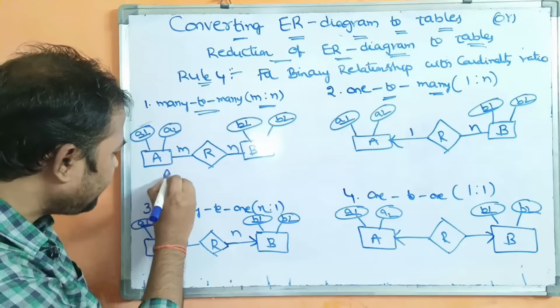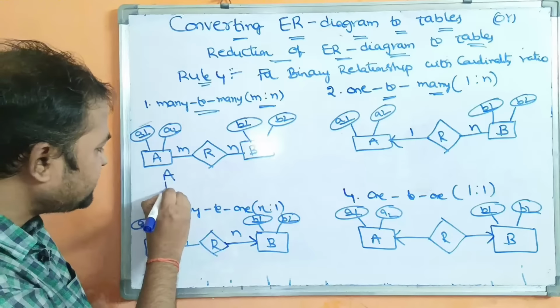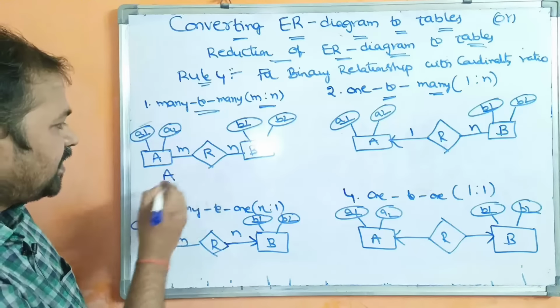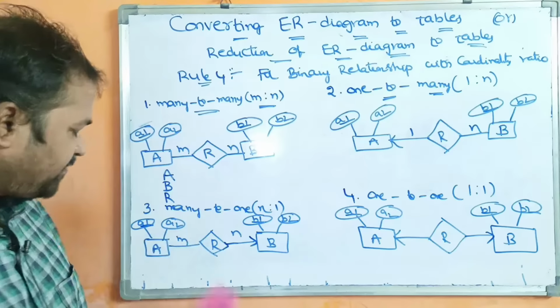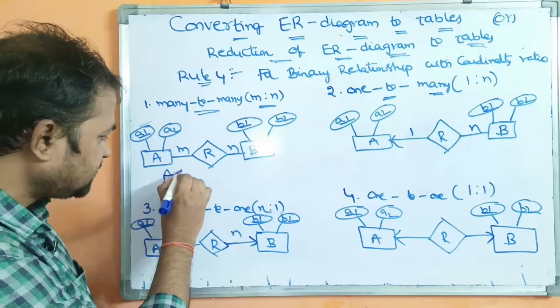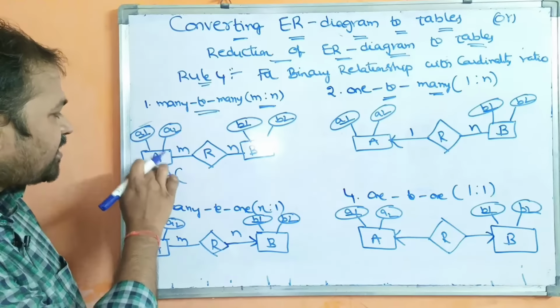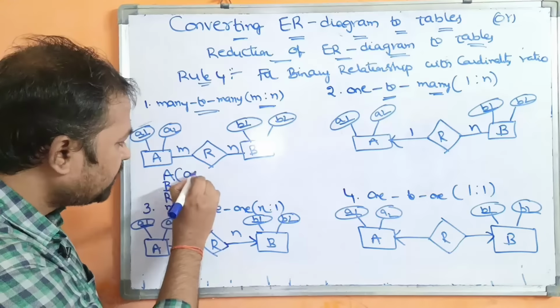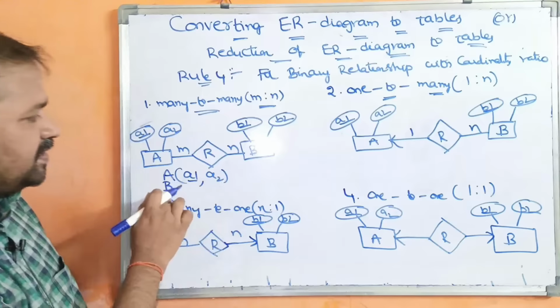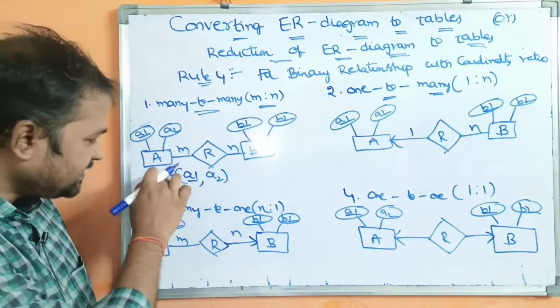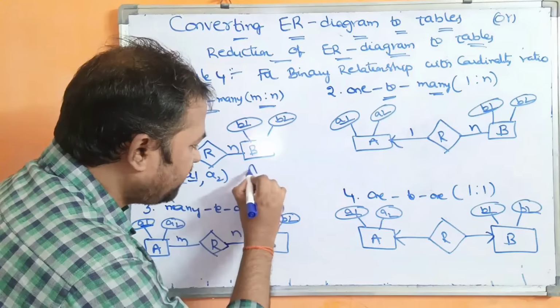The name of the first table is A, the name of the second table is B, and the name of the third table is R. For space constraints, I am writing only the schema. So here we have the A table.